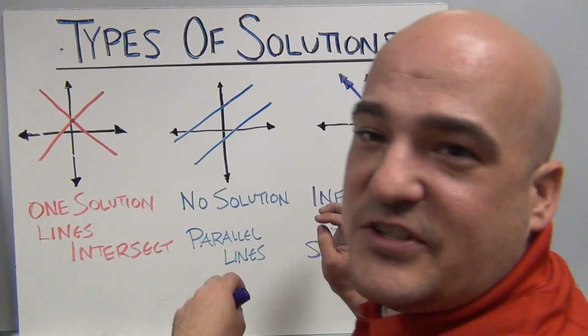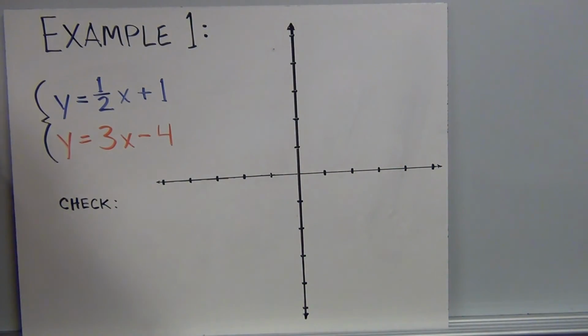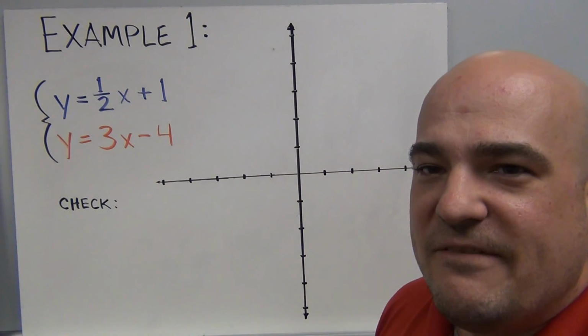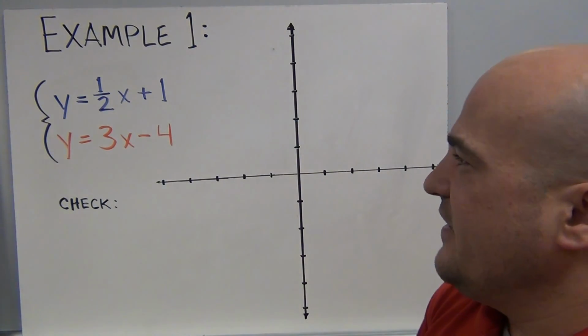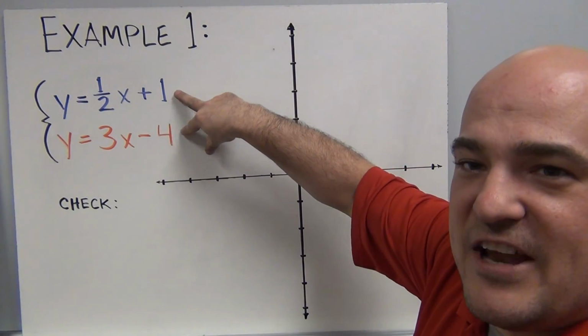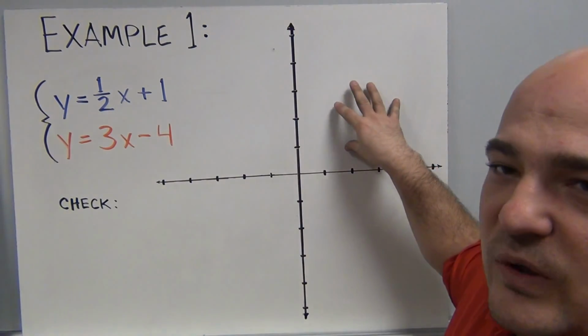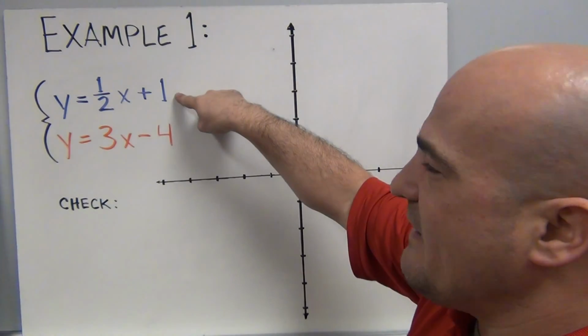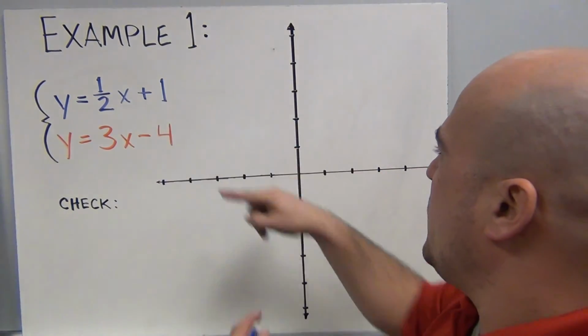Let's do an example. You should have this same one in your notes. In this one, we've got a system of two equations, and we've got a graph here so that we can graph these two lines and see where they cross, where they intersect. I'm going to graph the first one first. My y-intercept is 1.